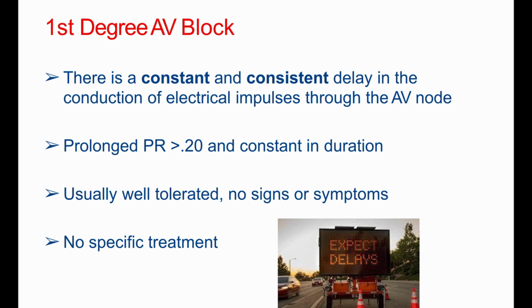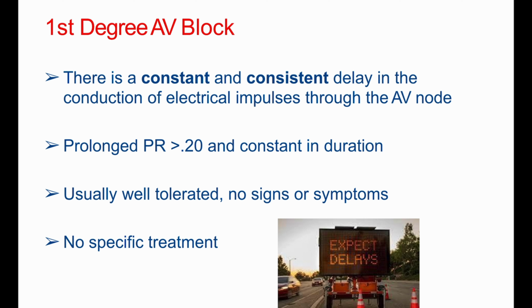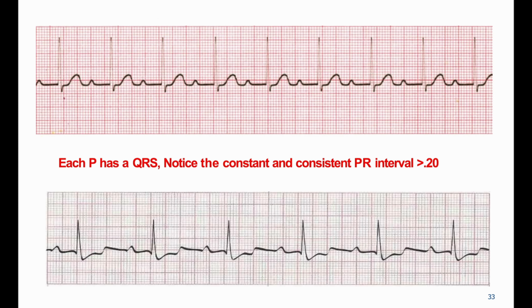The other clue is a prolonged PR interval, greater than 0.20, with a consistent duration. It is usually well tolerated, with no signs or symptoms and no specific treatment. This is expected. If you ask me whether I am worried about this one, not really, but if it is a new one, yes, I am.